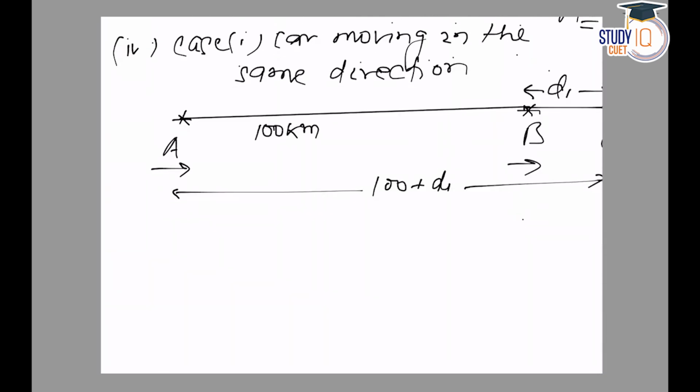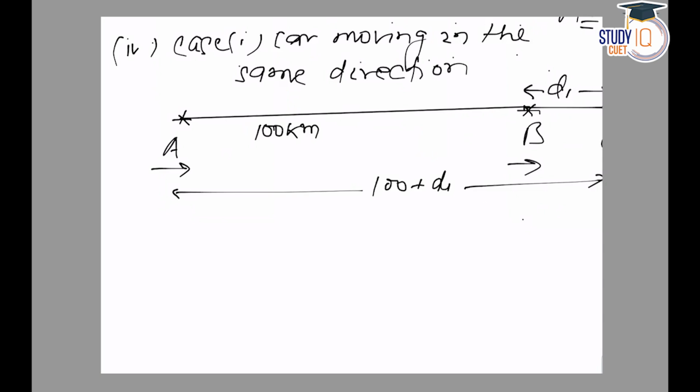Now, when cars are moving in the same direction, after 5 hours they meet at a point C. That means in 5 hours car A travels the distance 100 plus D1 and car B travels the distance D1.